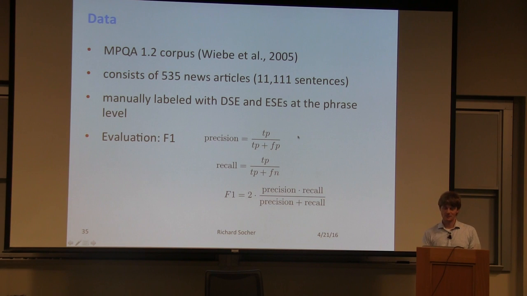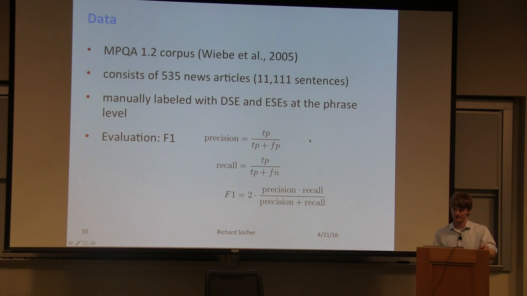So F1 is a very simple measure. Basically, we look at the precision, which is the true positives divided by the true positives plus the false positives, and we look at recall, which is true positives divided by true positives plus false negatives. We combine those two and get the mean F1 of the precision and recall numbers. And that will essentially balance out, and you can't just say, well, everything is in the O class, I get 95 accuracy, right?